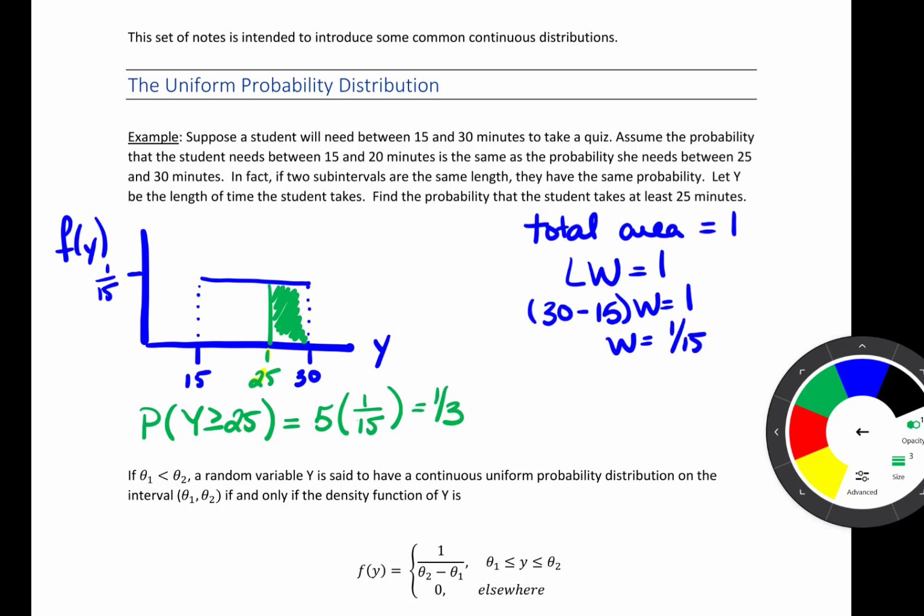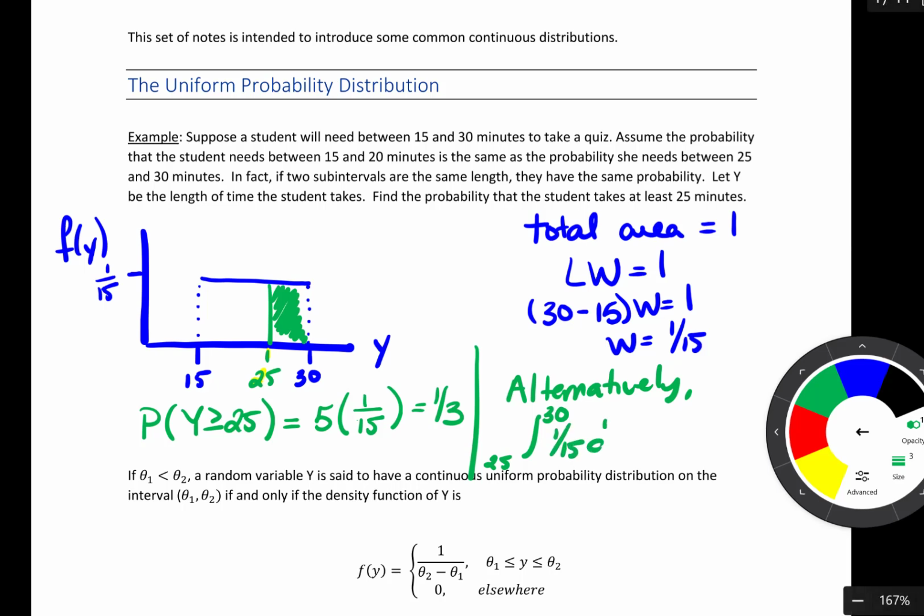Alternatively, since this is a continuous distribution, we could use calculus like we've seen before, and integrate our PDF from 25 to 30, which in this case is just 1 over 15 dy.